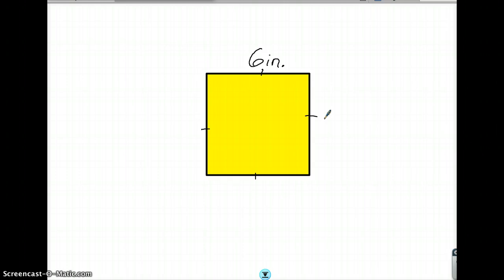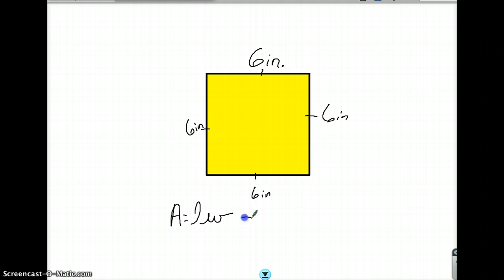Now, obviously, if all the sides are congruent, then these are all going to be 6 inches long. And for finding the area of a rectangle, which would be area is length times width, the square is a type of rectangle, we would simply take the length of the square and multiply it by the width of the square.